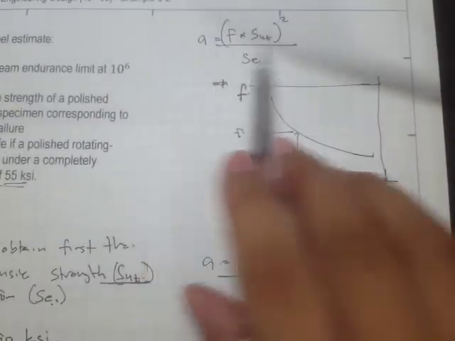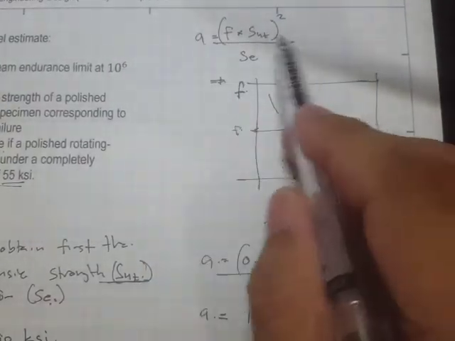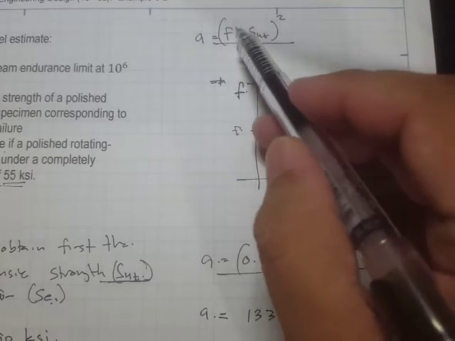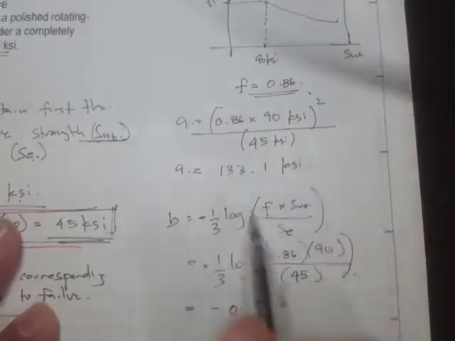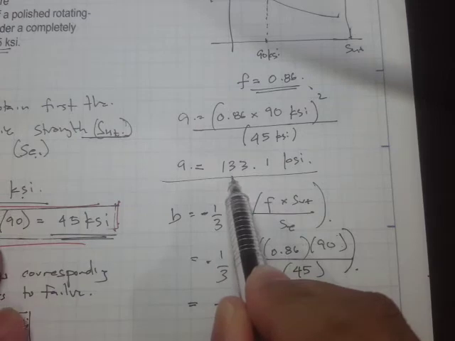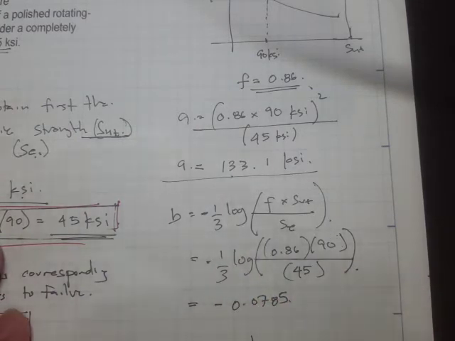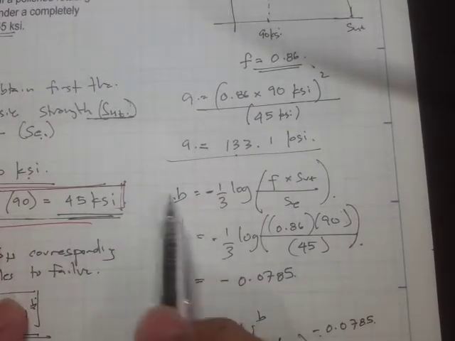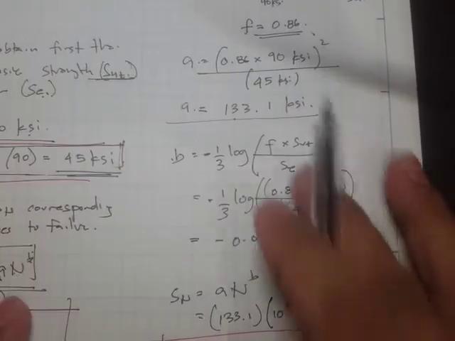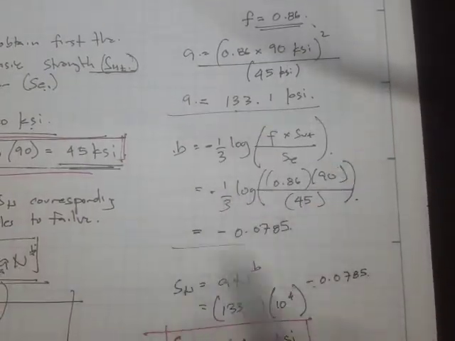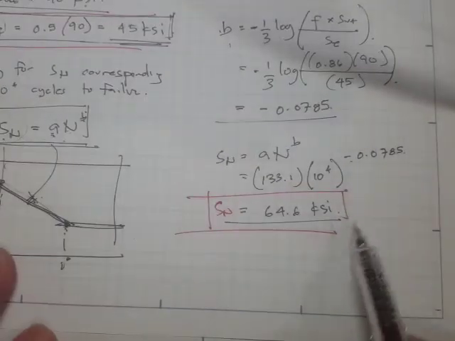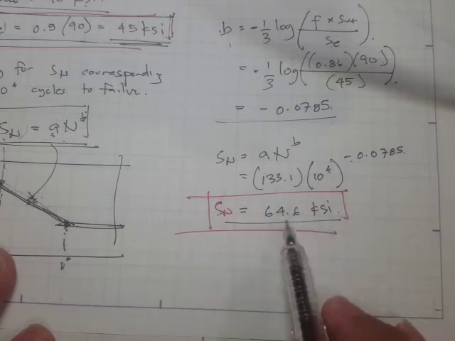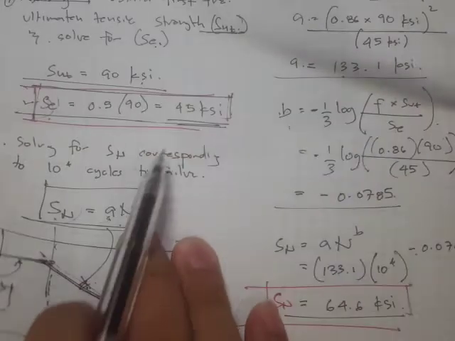So we solve for A, but in order to solve for A, you need to find the value of this fraction F, right, from the figure, and we obtain that this is 0.86, and we substitute all the values, and we get A is equal to 133.1 KSI. And the next step that we did is to solve for B. So given by this equation, then we solve for the B. So once you have A, B, and N, then we can estimate the fatigue strength. So we solve that, 64.60 KSI.